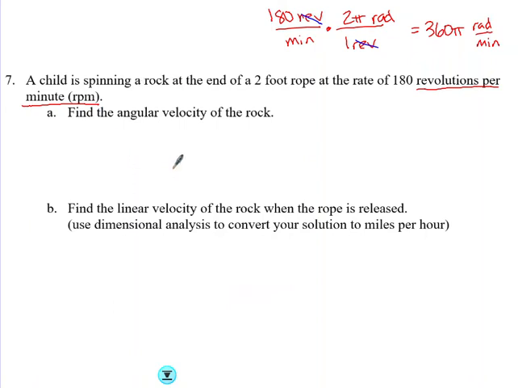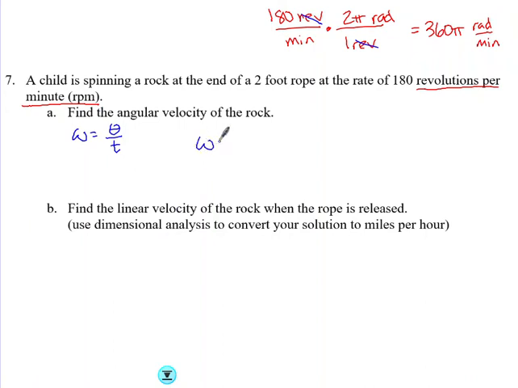We want to find the angular velocity of the rock. Well, angular velocity is omega equals theta over t. The angular velocity is essentially what we just found up here. Our units are in radians per time. We have an angle divided by time. So we already did that work.